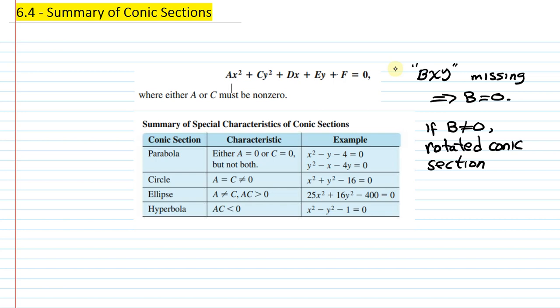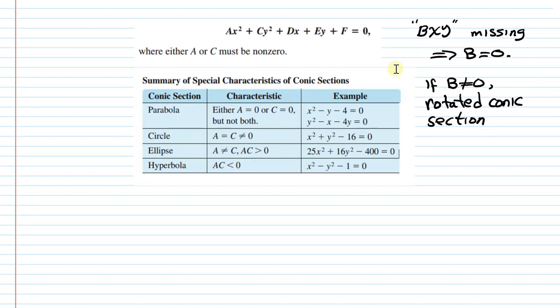What if b is not missing? We are not going to take that into this course. Well, if b is not missing, that means b is different from 0. Then in that case, we get a rotated version of the conic section. It causes the conic section to rotate. So for example, the parabolas may look like this.